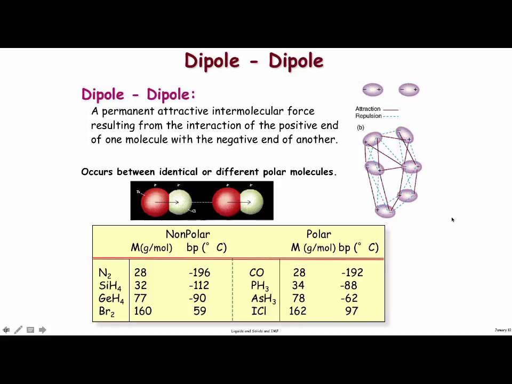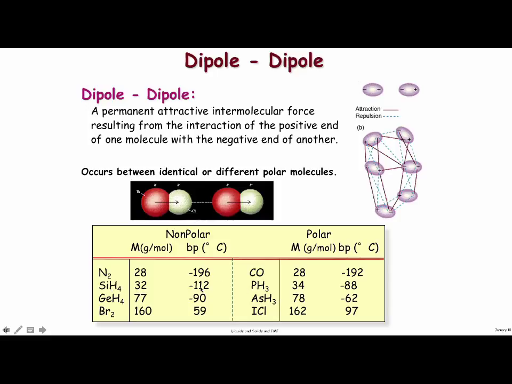What happens is that the boiling point for nitrogen is minus 196. The boiling point for carbon monoxide is minus 192. A lot higher than nitrogen. And the only difference here, because they have the same molar mass, is that this chemical, carbon monoxide, is polar. Let's look at SiH4 versus PH3.